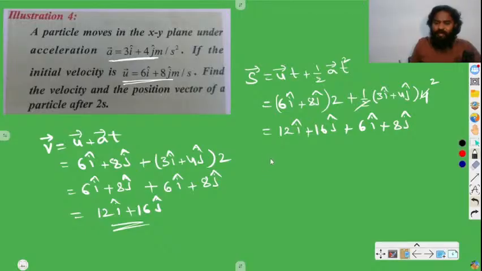Now if you add all of them, 12i cap plus 6i cap is 18i cap, plus 16 plus 8, 24j cap, right? This is the displacement vector and this is the final velocity vector after 2 seconds, right?